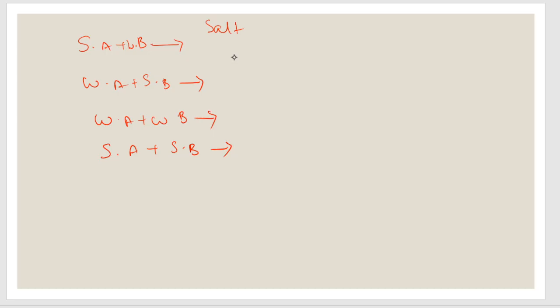If the salt is of strong acid and a weak base, as acid is strong, the salt is also acidic in nature. In this case, as base is strong, the solution is basic in nature. In this case, as both are weak, it depends upon Ka or Kb. Ka greater than Kb acidic, Kb greater than Ka basic in nature.